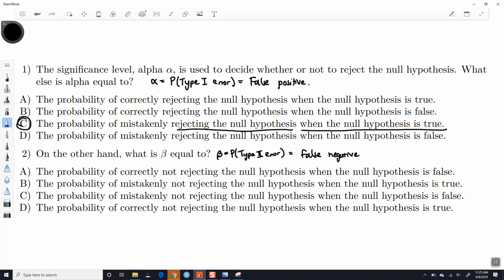What's our answer there? Yeah, also C. The probability of mistakenly not rejecting the null hypothesis. So we say we did not find evidence that you are pregnant when the null hypothesis is false, when the person actually is pregnant.